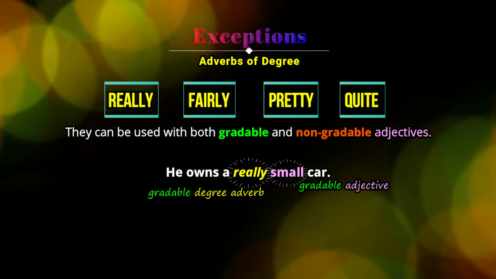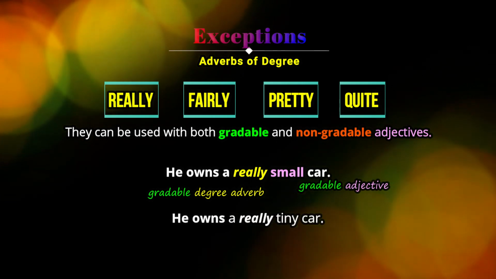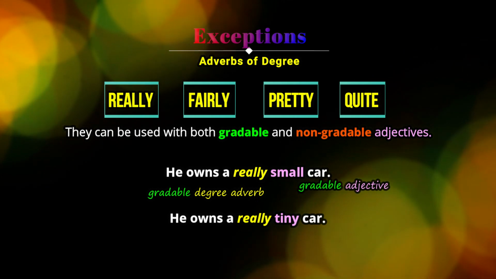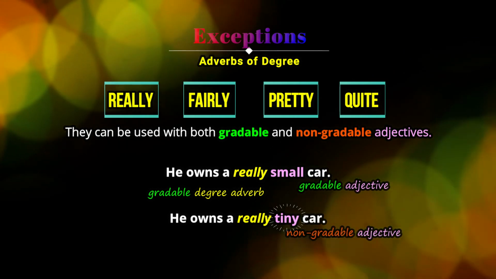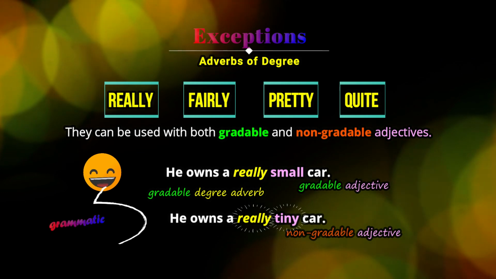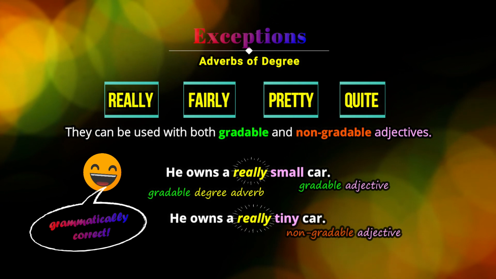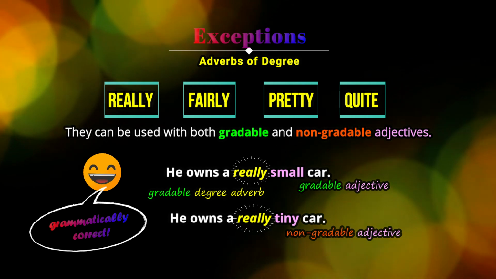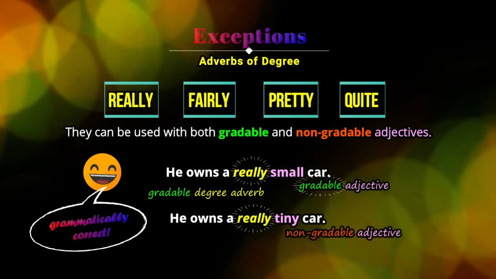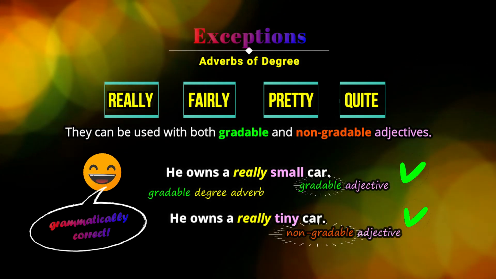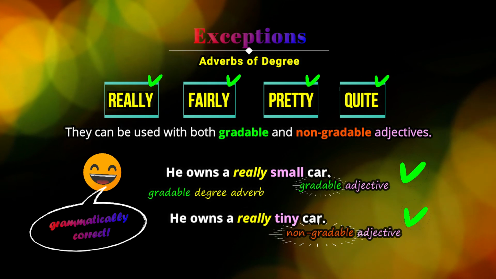In our next example: he owns a really tiny car. Now we have the non-gradable adjective "tiny" with "really," and it works. All right, so with "really," you can use it with both a gradable adjective or a non-gradable adjective, and it's okay. The same thing with the other ones that I mentioned here.